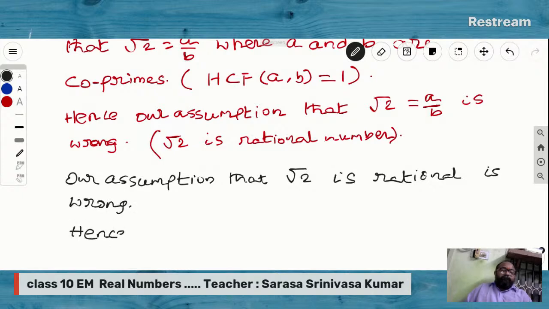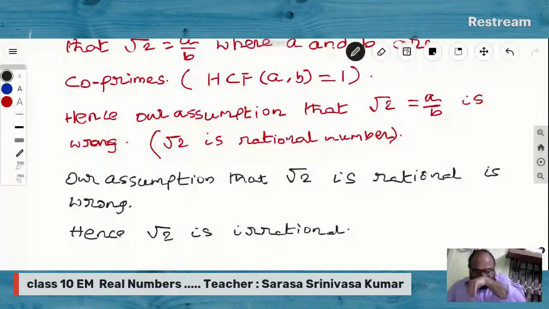Hence, square root of 2 is irrational. Students, I would like to explain this problem now. You try to understand this concept. Based on this model, I would like to explain some more problems.